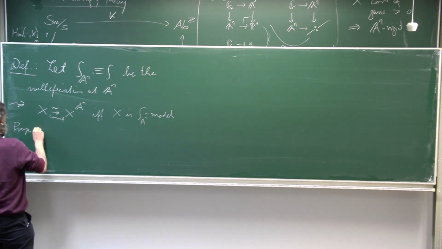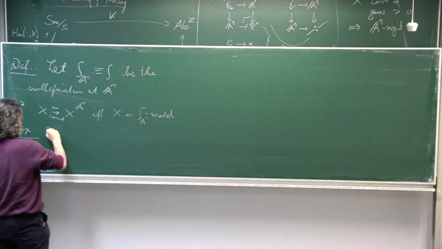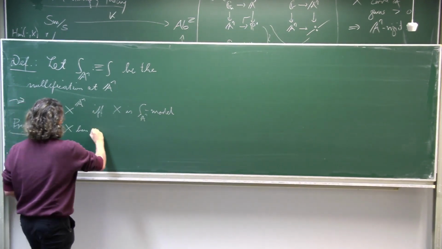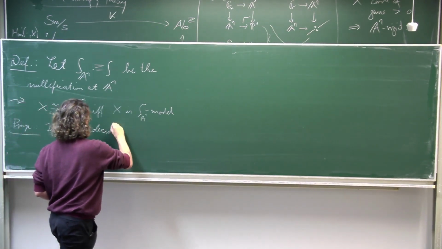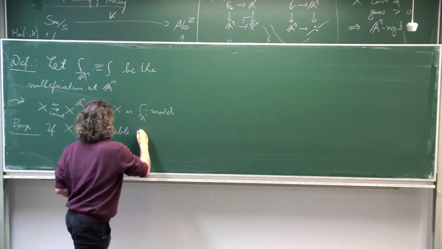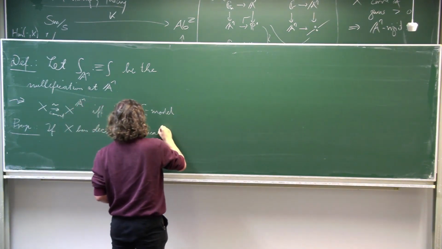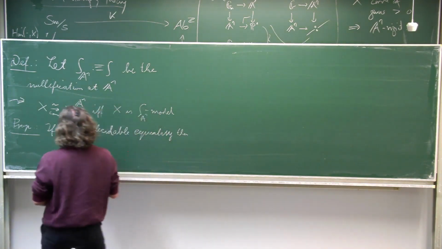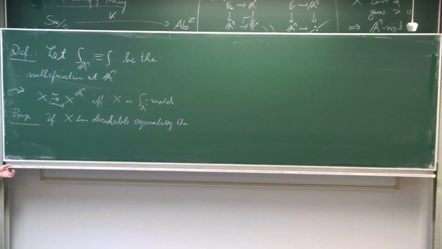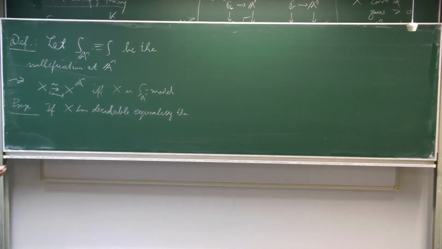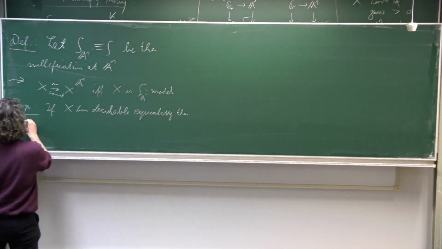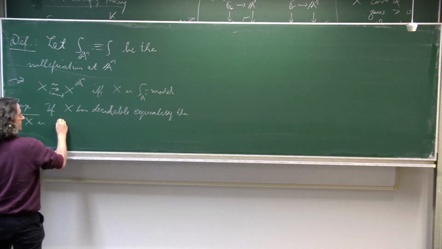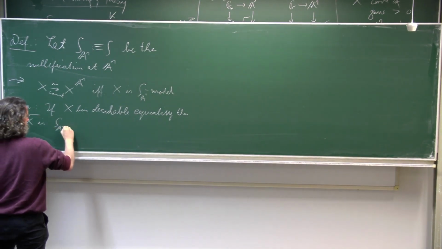So proposition: if X has decidable equality, which includes in particular all propositions, which are always good to think of, then X is already shape A1 modal.